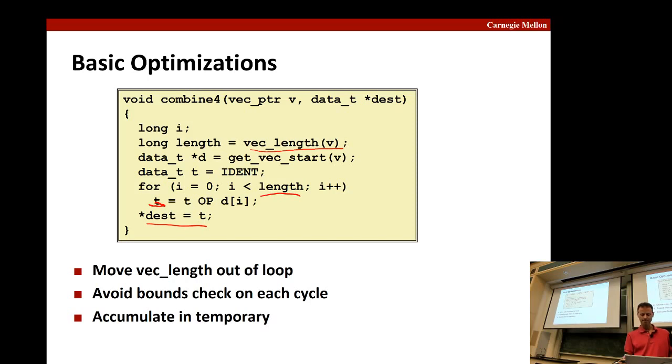Okay. And sort of the address calculation, well, what we care about is where does that vector start, and then we're just able to do calculations that are offsets of that. Okay. So it moves things out of the loop you don't need, and it avoids the bounds check on every single cycle, and it does the accumulate in a temporary.